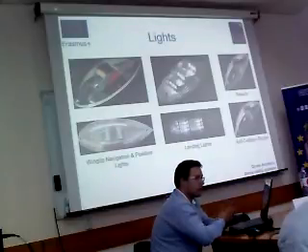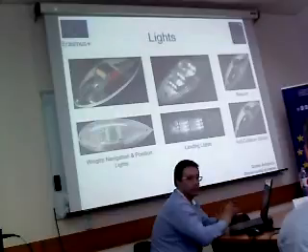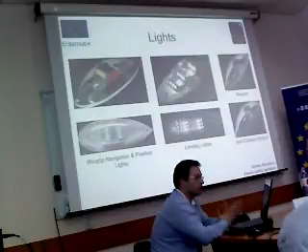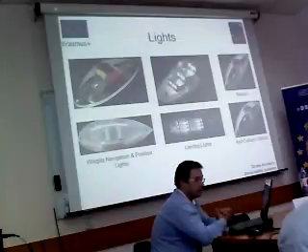So the lens protects the LED optics, which is inside, and provides 180 degrees viewing angle. So the lights allow for the navigation, because they are red and green, and the collision strobe to be operated independently.